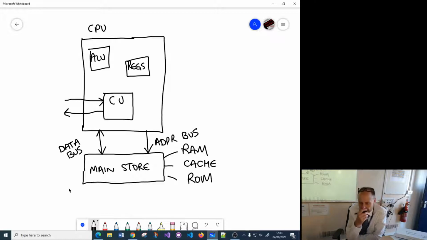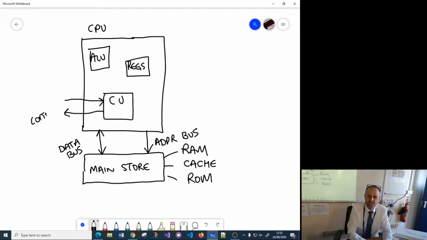Let's pose this question: how does the control unit get things to happen? How does it issue a read? How does it tell the memory data register to transfer its value to the memory address register? How does that actually physically occur? What's the mechanism for saying, oi, move that data? Control bus. Yeah, control bus.